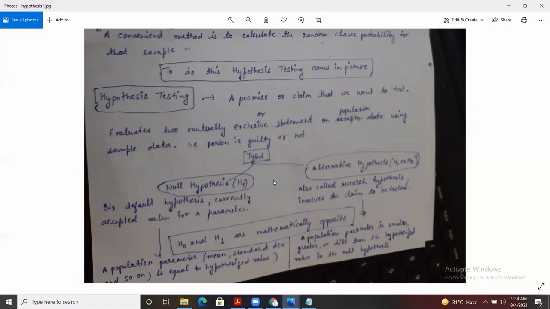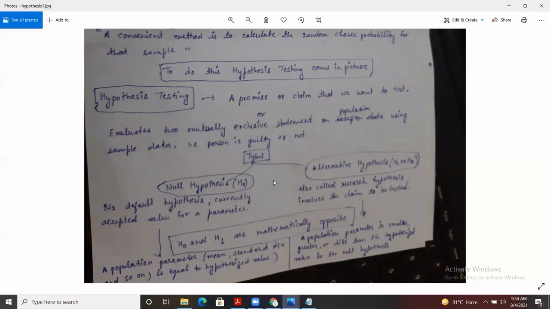Now one thing comes into the picture: let's say we have to do the hypothesis testing, and we decided on a null and alternate hypothesis as well. Then how do we decide whether the alternate one is correct or not? We need a p value for that. What exactly is the p value?